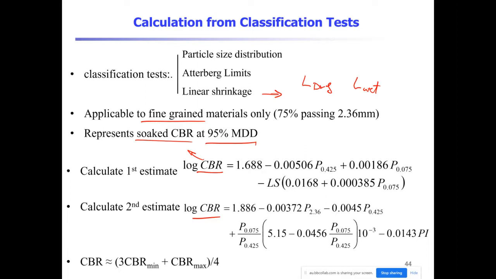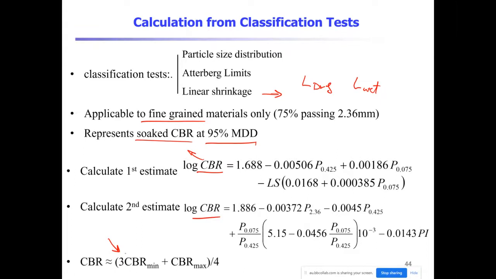And eventually you have two CBR values. They won't give you the same value, of course. In order to determine the design CBR or the final CBR, we use this equation. This equation is the weighted average to determine CBR.